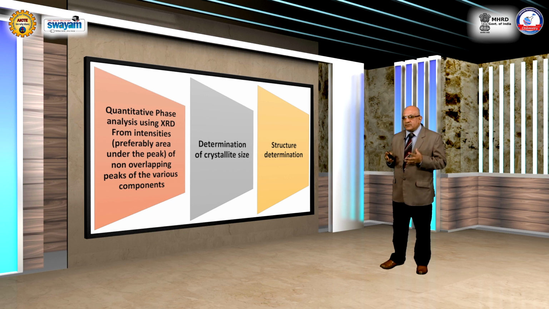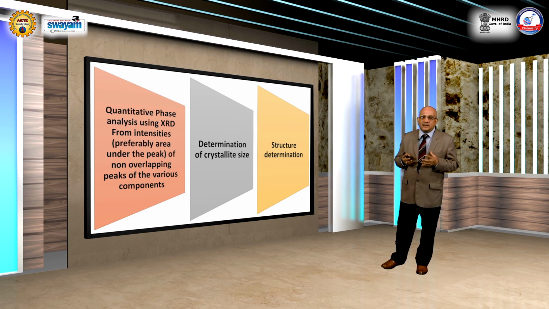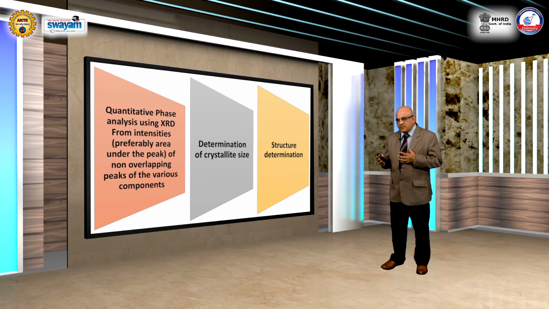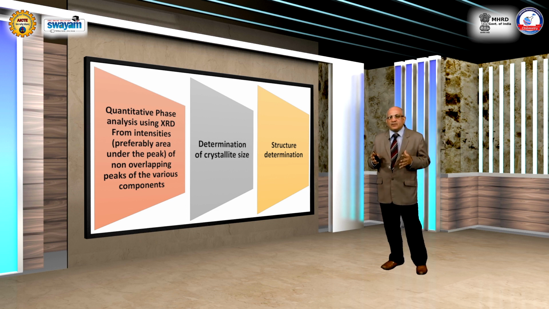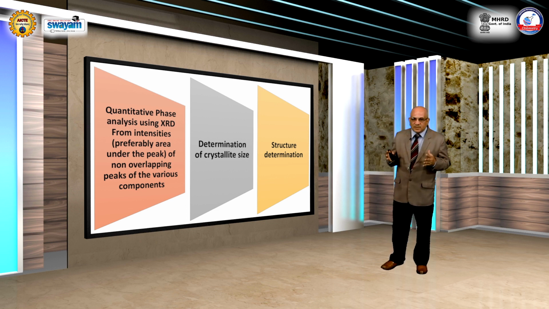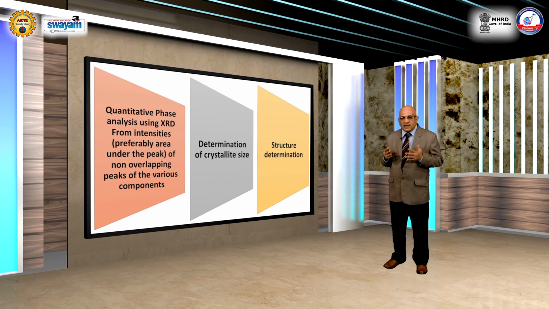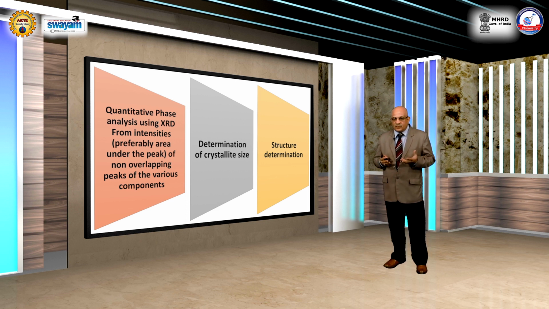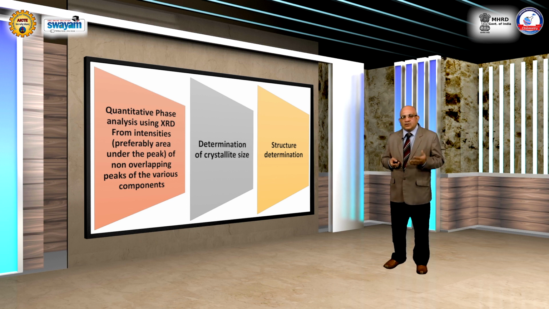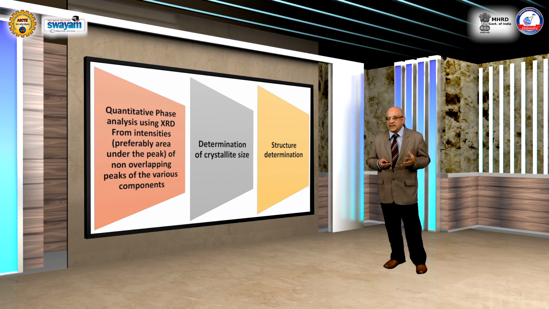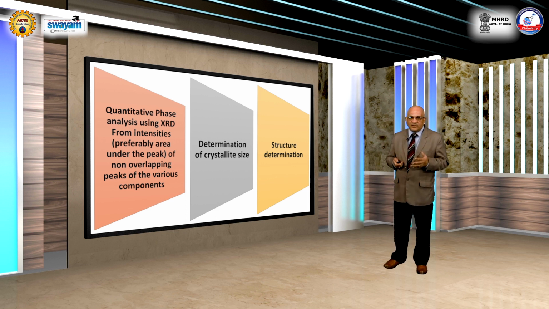That means you have to take a lot of care to apply appropriate corrections, and preferably use copper K alpha 1, one type of wavelength which has very little spread in lambda. You can determine the crystallite size from the broadening of the peak, and you can also do structure determination in cases where you have very high quality X-ray data, using Rietveld refinement.